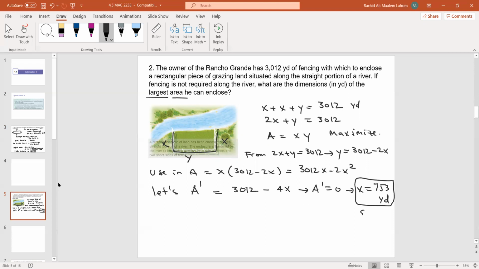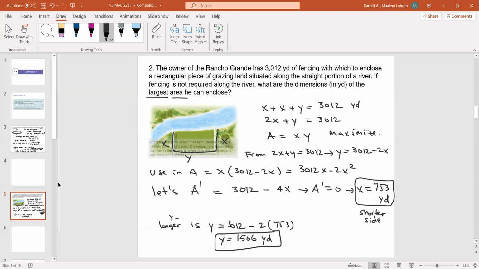All right, so this will make the shorter side. So the longer side, or the y side, is 2x, which will be 2 times 753, and that's going to give us 1506 yards.